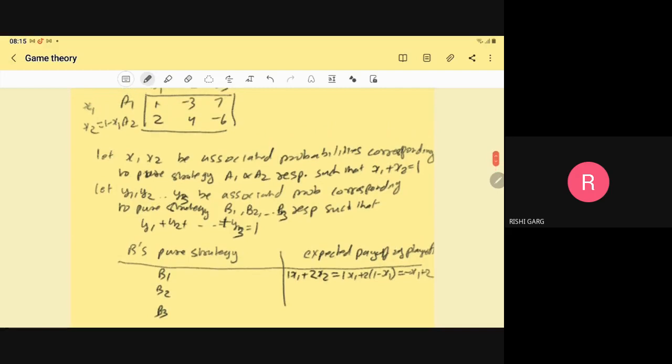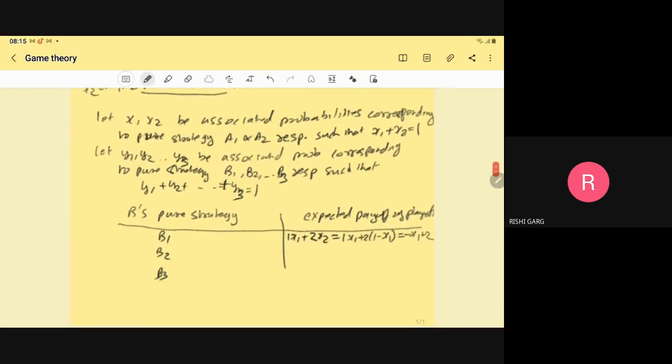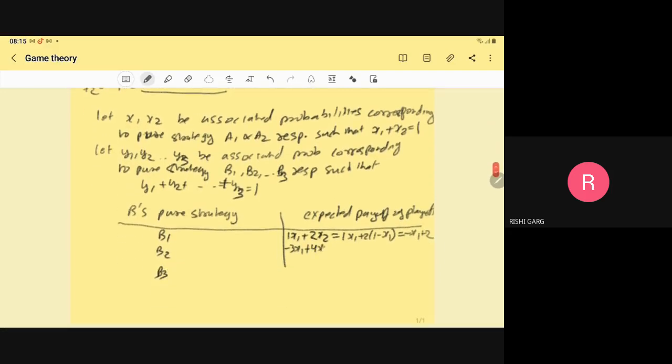Similarly, the next will give you minus 3x1 plus 4x2, so minus 3x1 plus 4(1 minus x1). It will give you minus 7x1 plus 4.